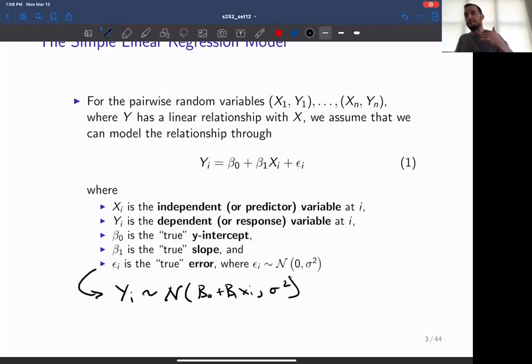So basically, when we utilize a simple linear regression model, we are making the assumption that the response variable is normally distributed and the mean of that distribution changes with each value of x according to the parameters in the model. But the variance is constant across all of those values.